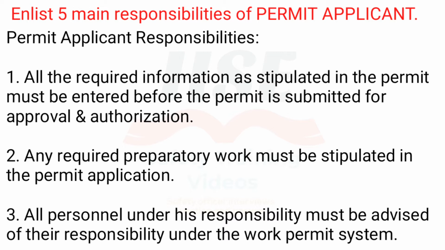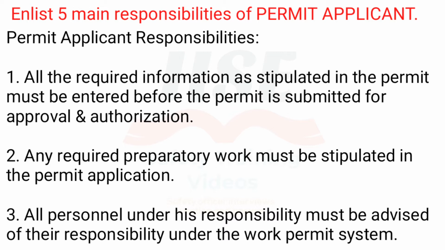Permit applicant responsibilities. 1. All the required information as stipulated in the permit must be entered before the permit is submitted for approval and authorization. 2. Any required preparatory work must be stipulated in the permit application. 3.